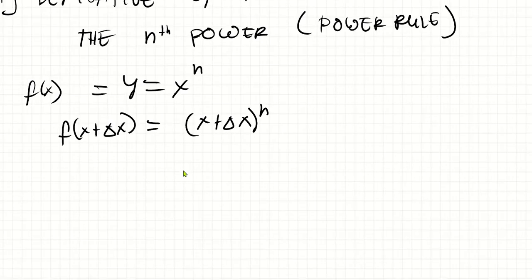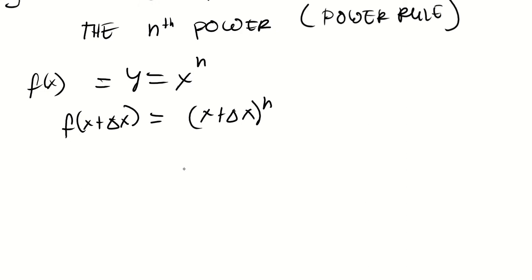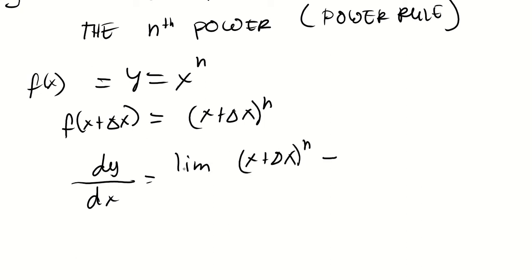So if we apply now the definition, dy dx will be equal to the limit of f of x plus delta x, which is x plus delta x raised to n, minus f of x, which is equal to x raised to n, all over delta x, as delta x approaches 0.